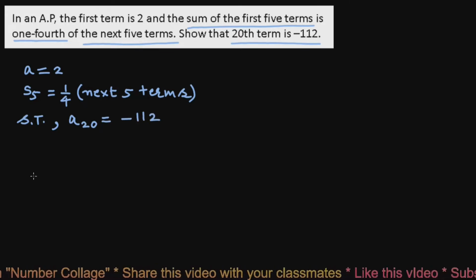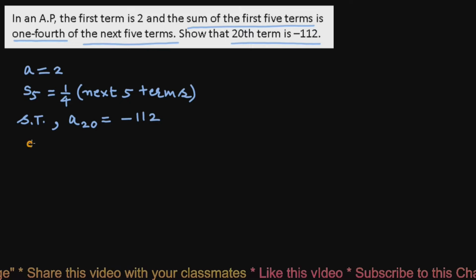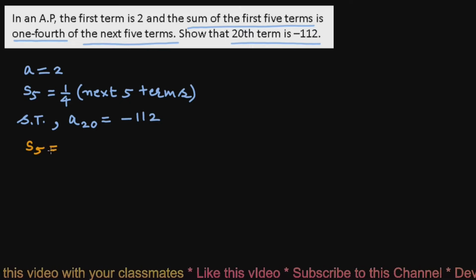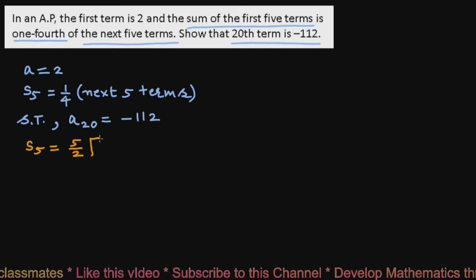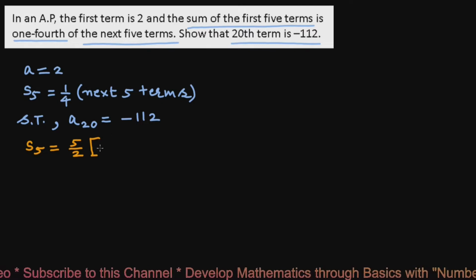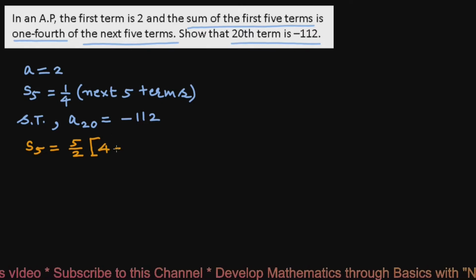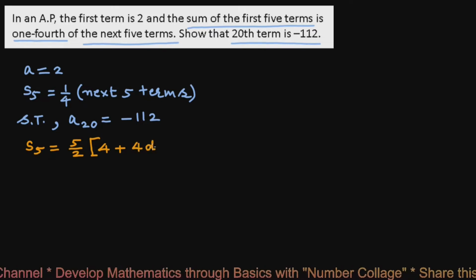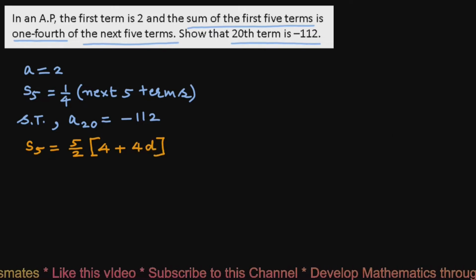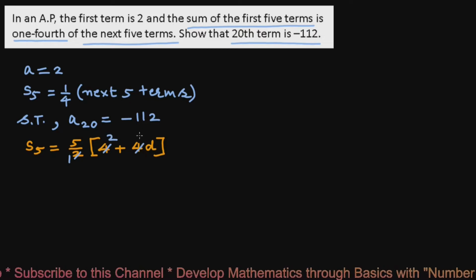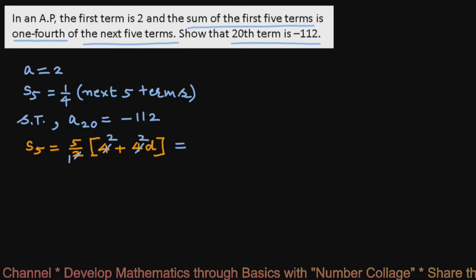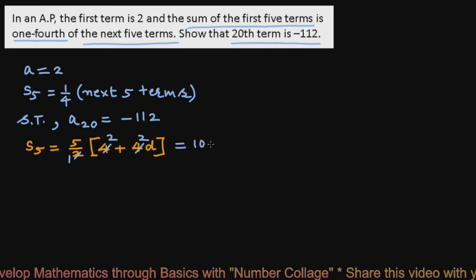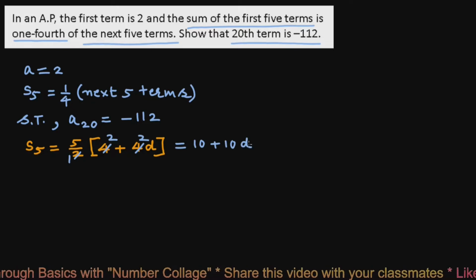First we will find the sum of first 5 terms, that is S5 equals 5 upon 2 multiplied by 2 times a, that is 4, plus n minus 1, that is 5 minus 1, 4 into d, that will be 2 2s are 4, so 5 2s are 10 plus 5 2s are 10d.